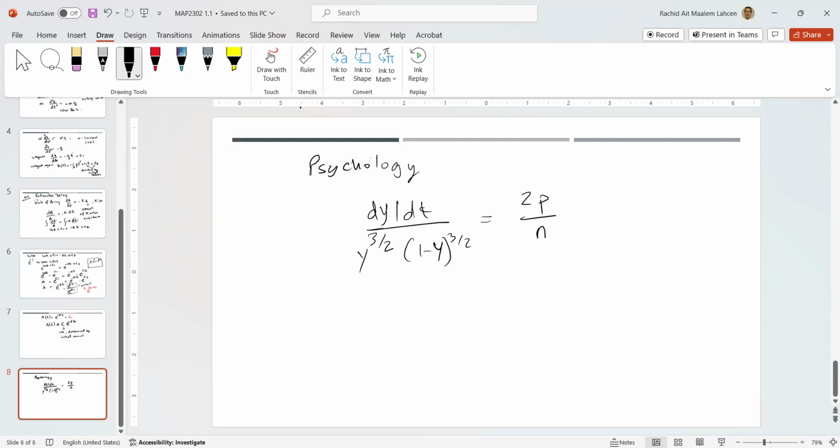And of course, for engineering, you have vibration. Let's give that one.